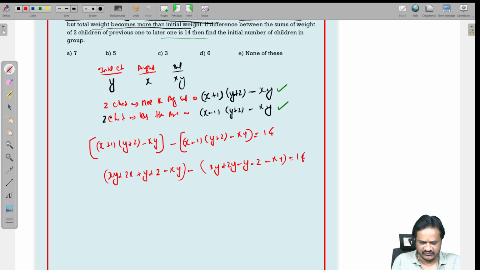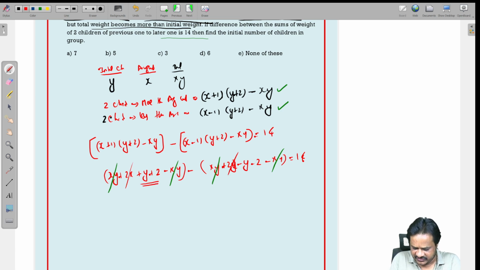Here what all will get cancelled? Plus xy minus xy cancel. Plus xy minus xy cancel. Here also plus xy minus xy will get cancelled. Still what may get cancelled? Here we will get 2x, again here we will get 2x. So 2x and 2x also will get cancelled.